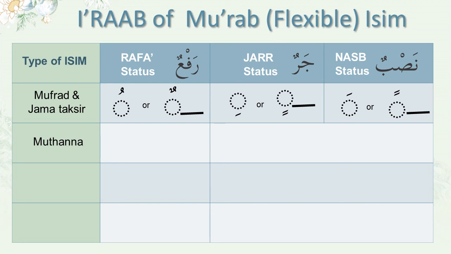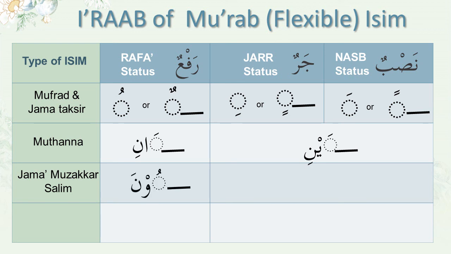As for isim muthanna or dual nouns, when it ends with ani it is rafa, and those ending with aini are either jar or nasab. In the case of jamak muzakkar salim, when the last syllable is una, it's rafa. When it's ina, the isim is either jar or nasab.